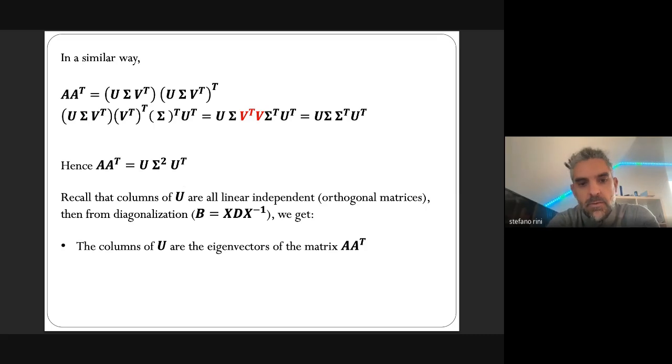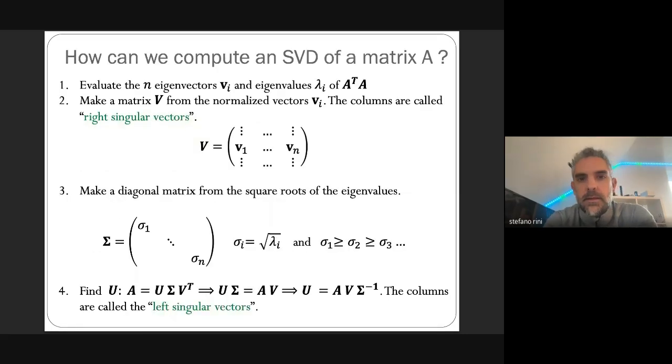Same thing as before, right? So the columns of U are the eigenvectors of the matrix A times A transpose, and the same relationship with the eigenvalues holds.